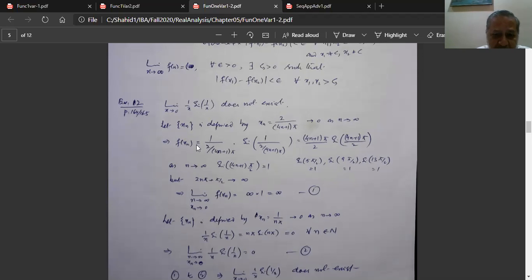So what will be the image? xn replaced by 2 upon (4n plus 1) pi. 1 upon x and x, in both places xn is put. This will become (4n plus 1) pi upon 2 and sine of (4n plus 1) pi upon 2.